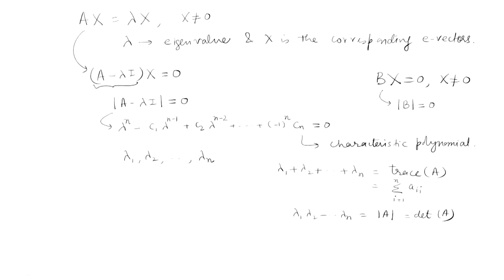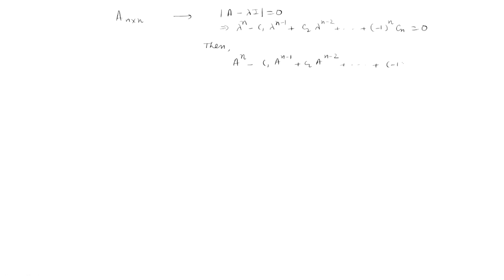That means if for a matrix A of order n cross n the characteristic polynomial is determinant of A minus lambda I equal to 0, which is lambda raised to power n minus C1 lambda raised to power n minus 1 plus C2 lambda raised to power n minus 2 and so on, plus minus 1 raised to power n Cn equal to 0, then by Cayley-Hamilton theorem A raised to power n minus C1 A raised to power n minus 1 plus C2 A raised to power n minus 2 and so on, plus minus 1 raised to power n Cn times the identity should be a 0 matrix or a null matrix.